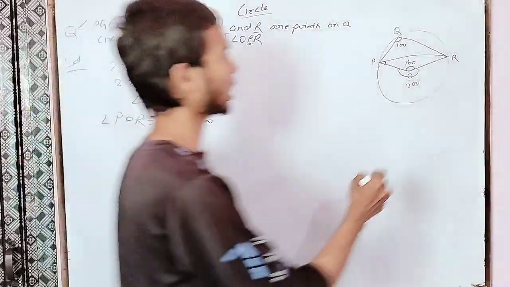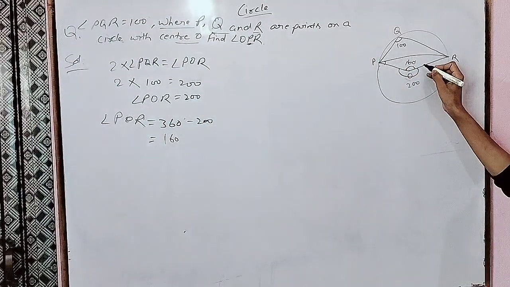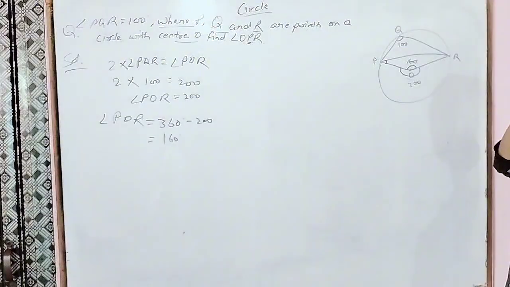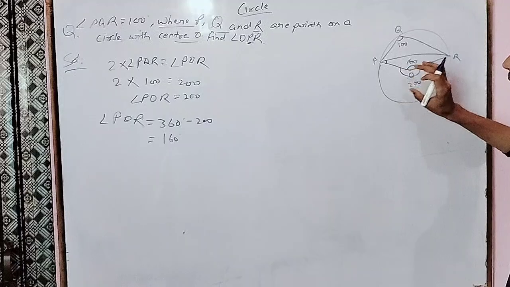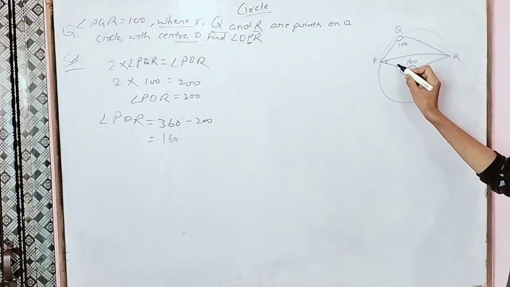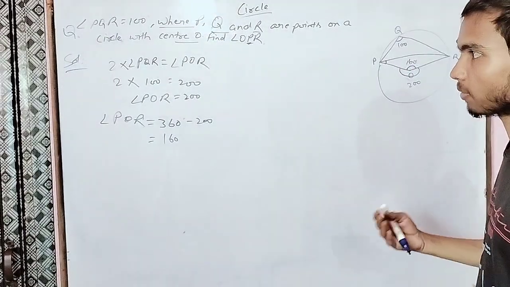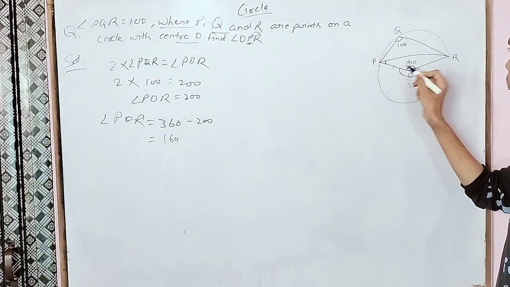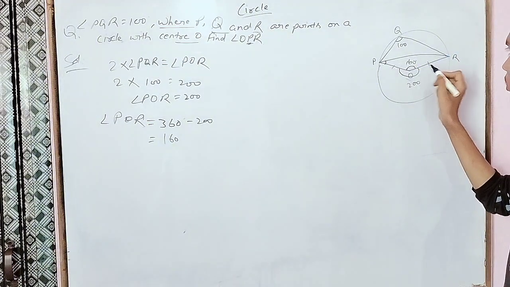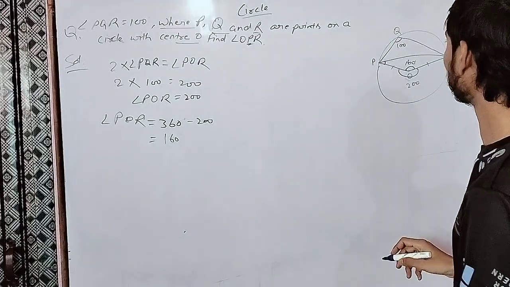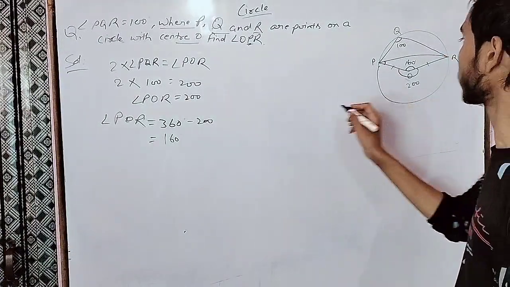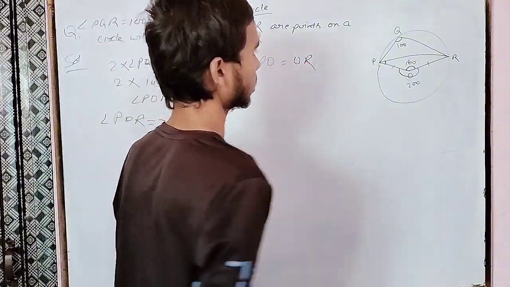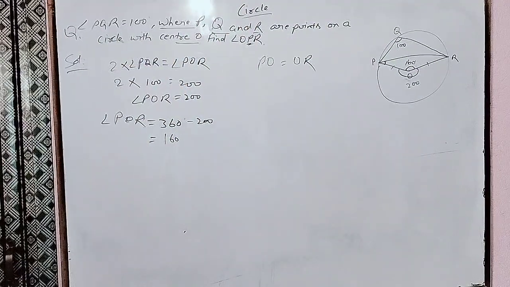This is an isosceles triangle, which means the measure of the longest side will be different. So the measure of this and this will be equal to each other. So PO is equal to OR.